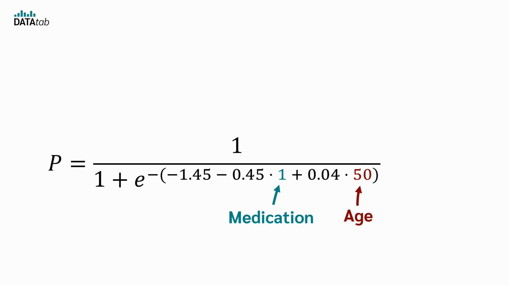Then we can calculate the probability. In this case, the probability of being diseased is 0.55 or 55%. So for a patient who took the medication and is 50 years old, the probability of being diseased is 55%.